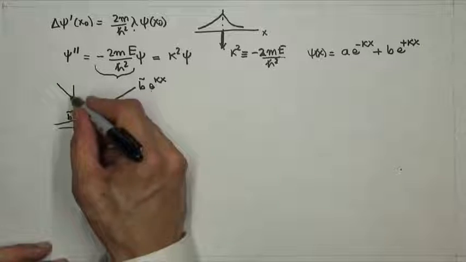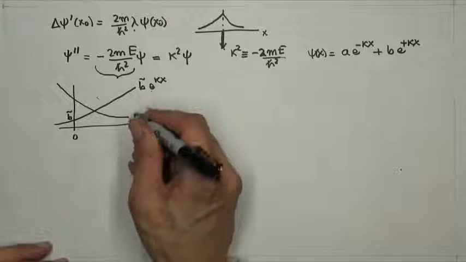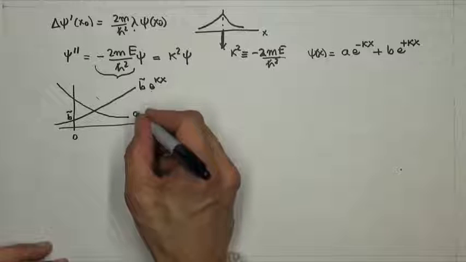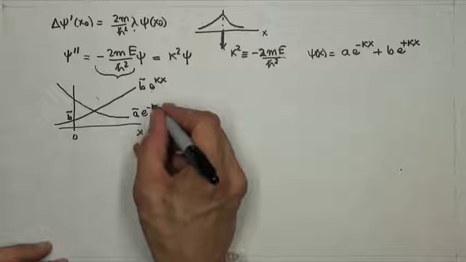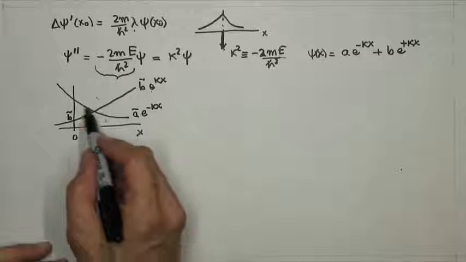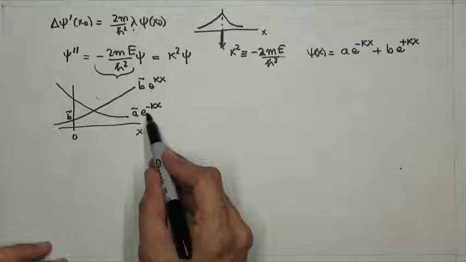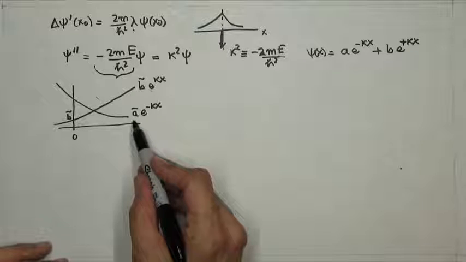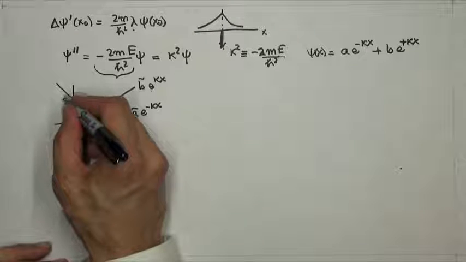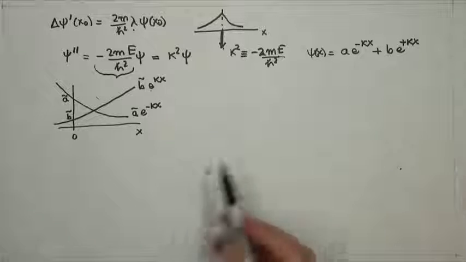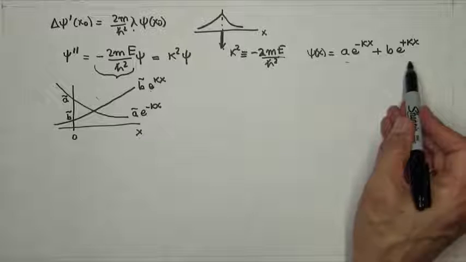And now consider the other function like this, A tilde e to the minus kappa x. It decays because as x grows, this exponential becomes smaller and smaller. And at the same time, you have here A tilde. So these are the two ingredients here.